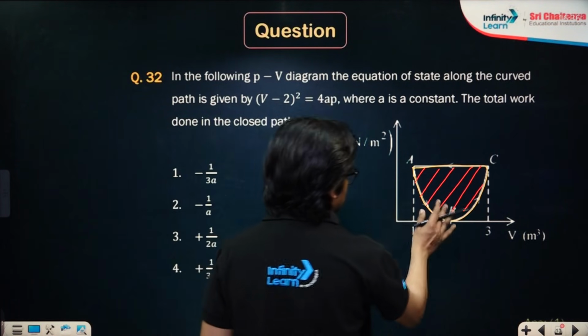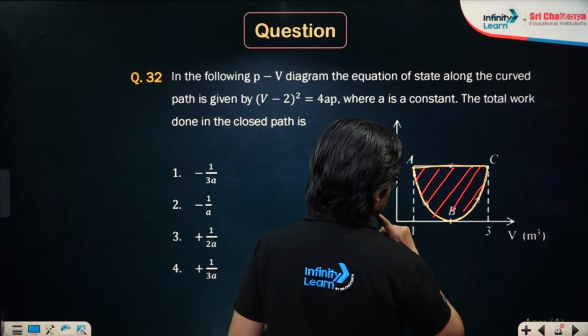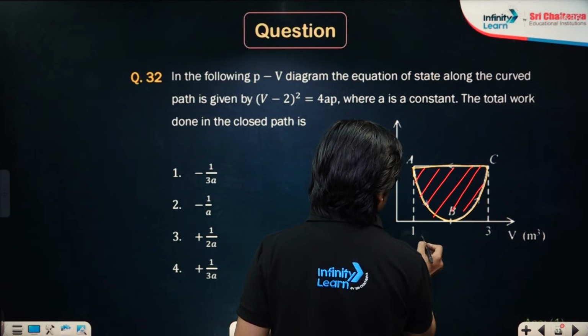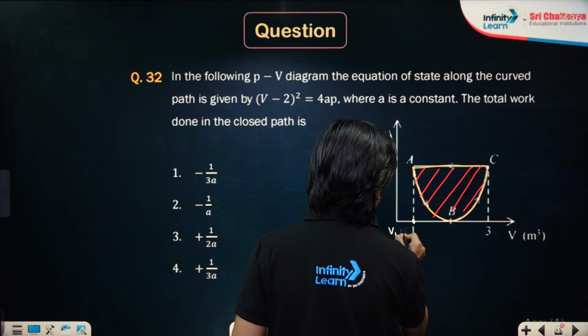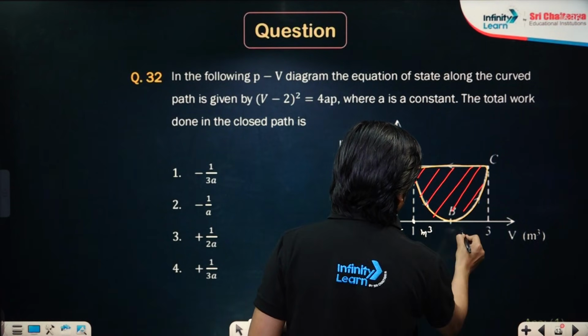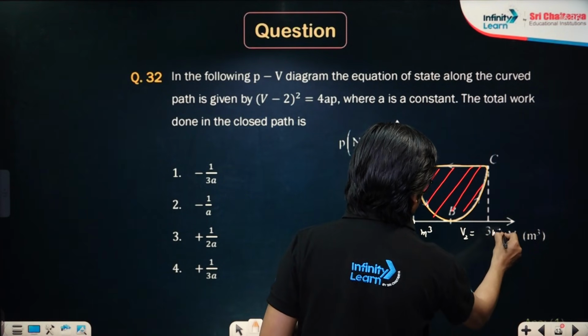If you see this rectangle AC, and this is point B, let me take, here the value of V is equal to 1. So this is V1 equal to 1 meter cube. Here V2 is equal to 3 meter cube.